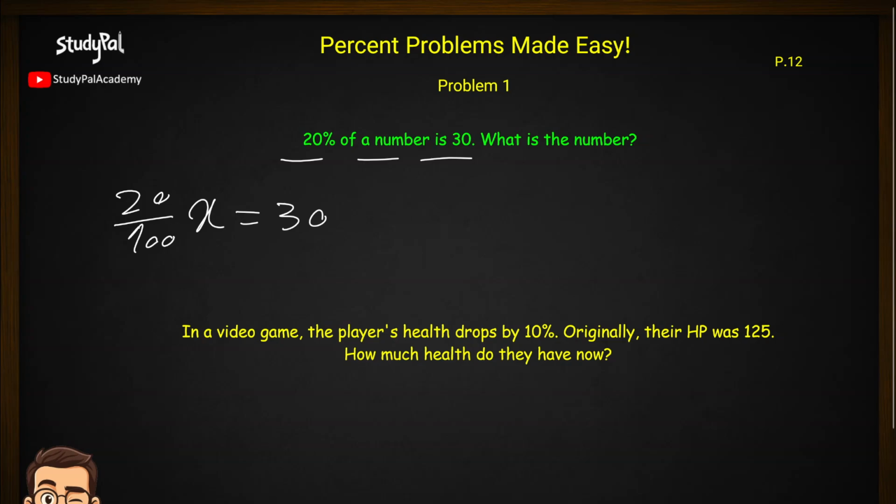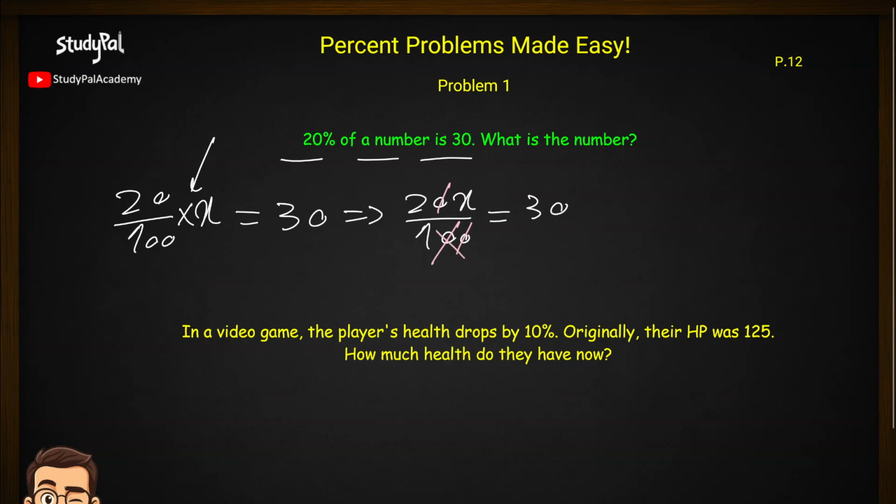So you know that there is a multiplication sign here. There should be, we can avoid it, but there should be one here. So we have 20x over 100 and it equals 30. Now let's simplify. These two zeros go away, but be careful, these two, you cannot simplify.